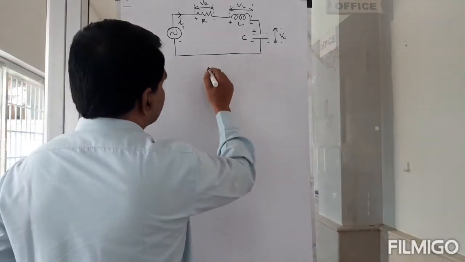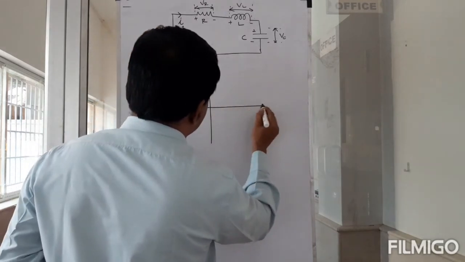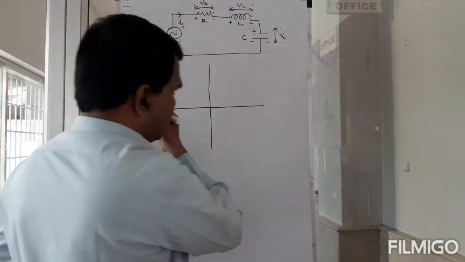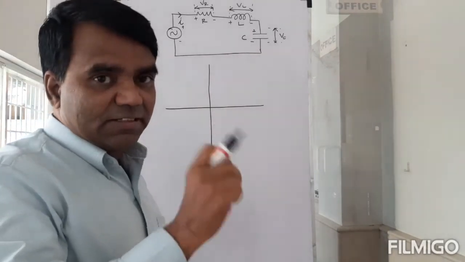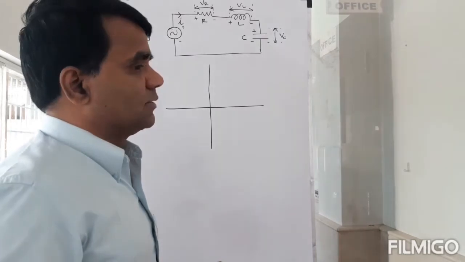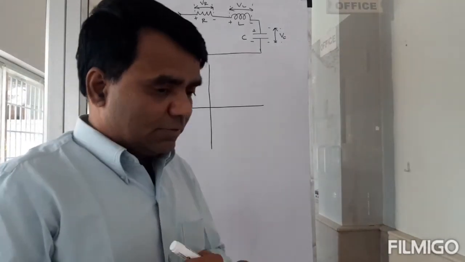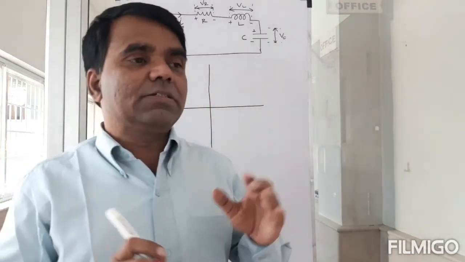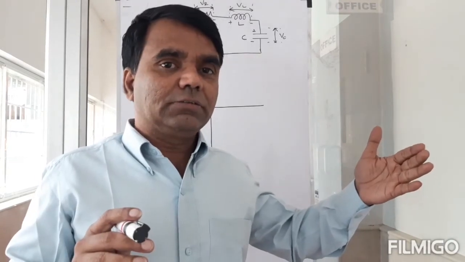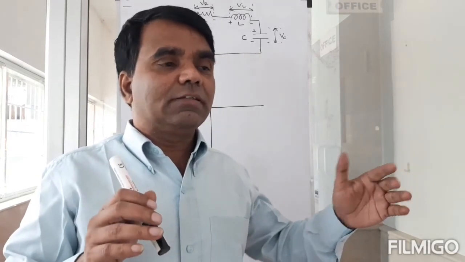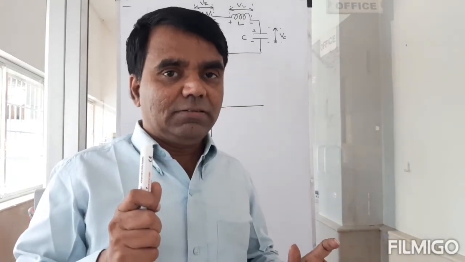I'll have the plane. Okay. I'm going to take the current as a reference vector. Current is what it takes, the reference. When I say that the current lags the voltage, it means that the voltage leads the current, right?